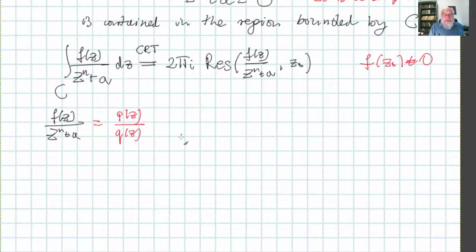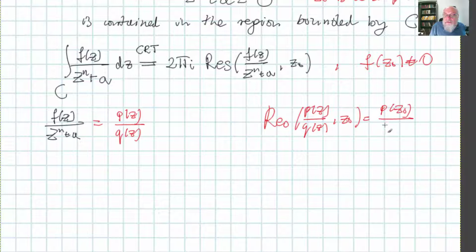In such a case, the residue of p of z over q of z for a simple pole is given by the value of p at z0 over q prime at z0.